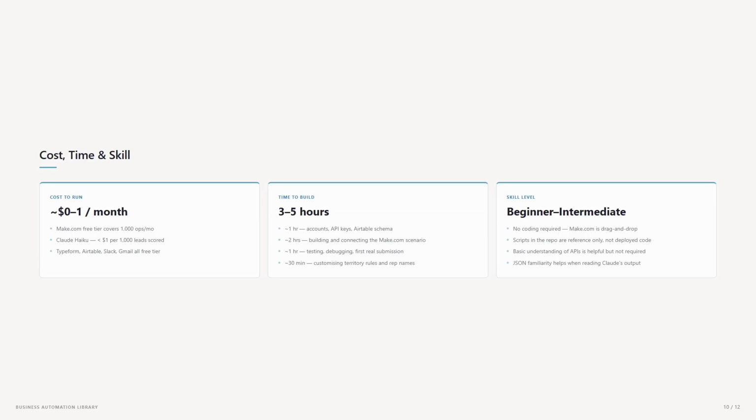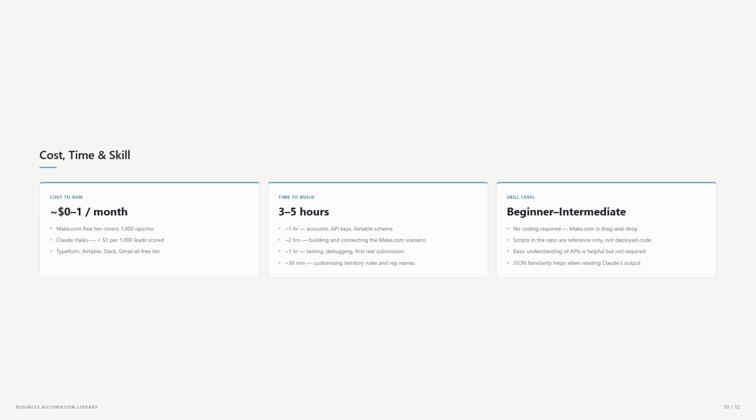Okay. Now that we've successfully tested this automation, I like to talk about the cost, time, and skill it'll take you to build this project. So this project is relatively cheap. I mean, basically free to build. In terms of the production cost, you'll have to look into the make.com continual costs as well as Claude.